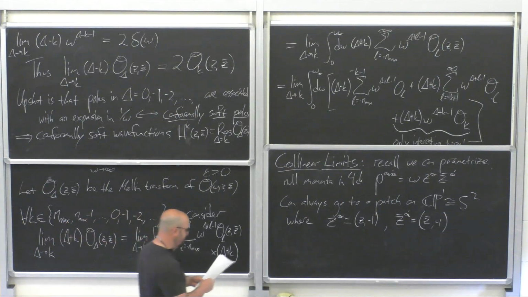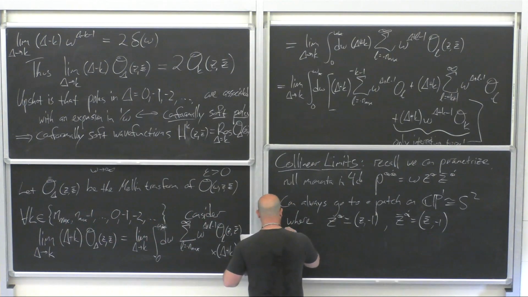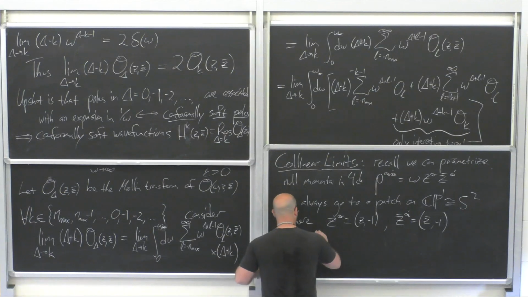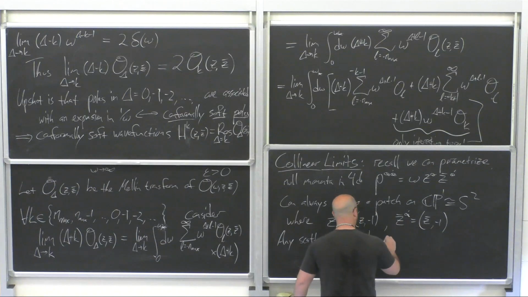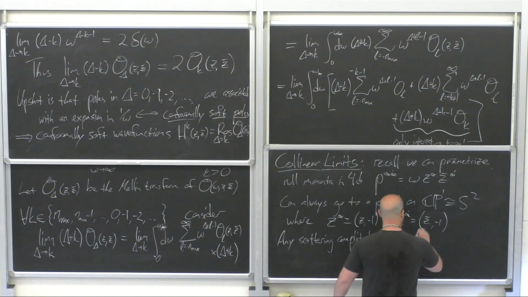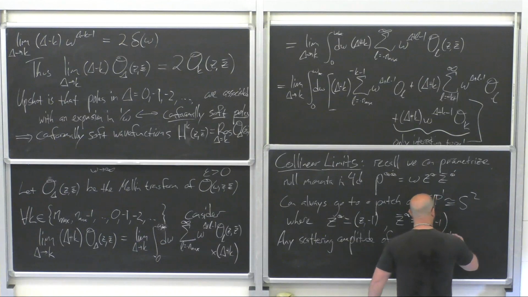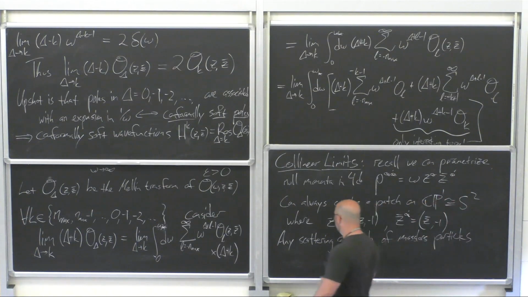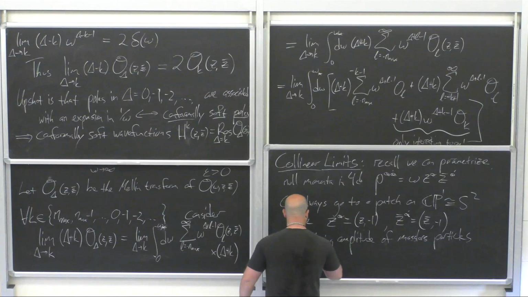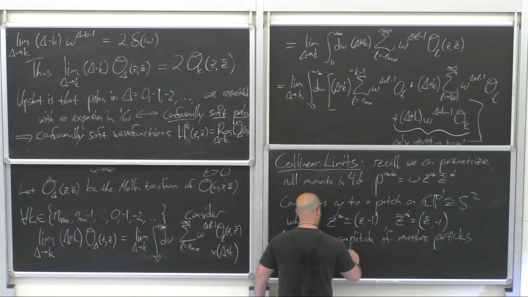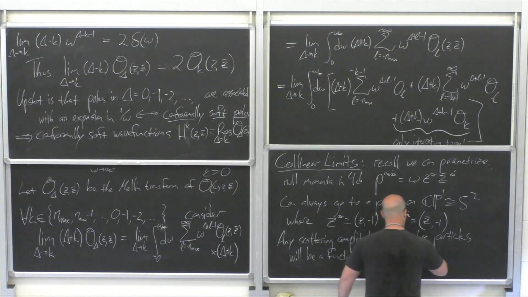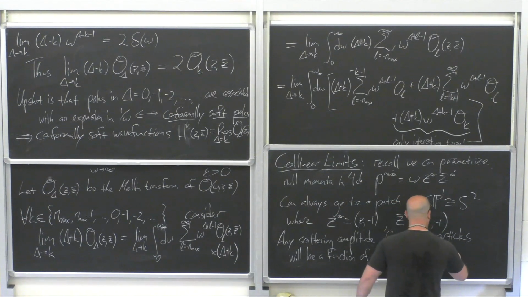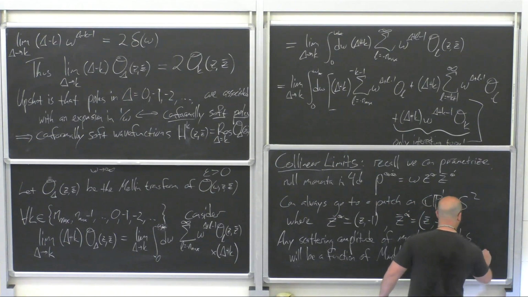Okay, so any scattering amplitude of massless particles in momentum space will be a function of the kinematic invariants, or Mandelstam invariants, pi dot pj.